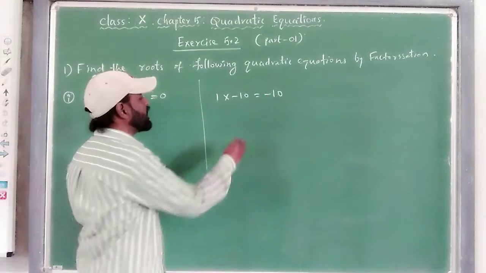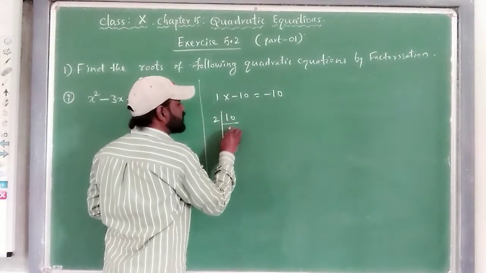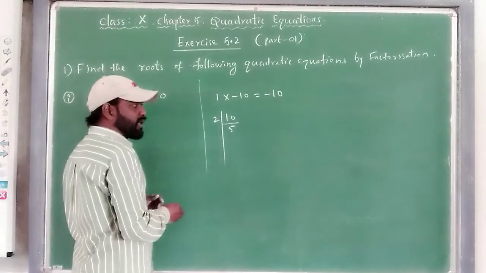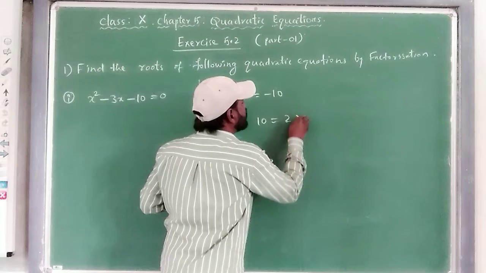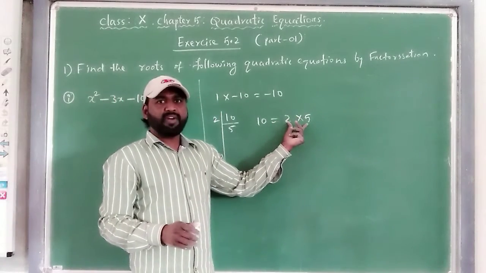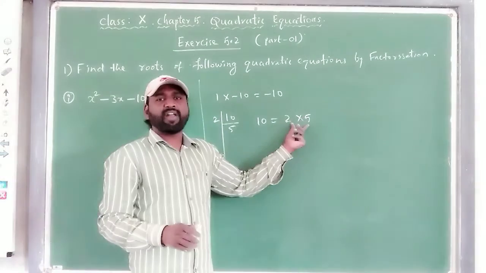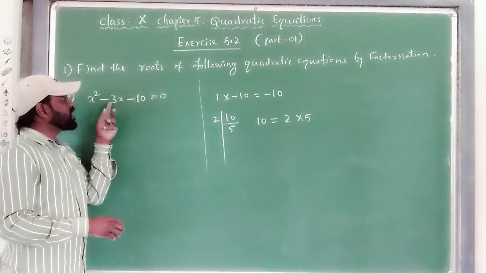Here we got 10 as a product. If you factorize this 10, 2 fives are 10, 5 twos are 10. That means 10 you can write as 2 into 5. But the two factors 2 and 5, whose sum or difference must be the coefficient of x term. What is the coefficient of x term here?